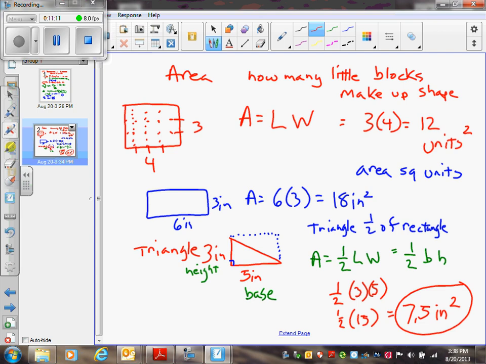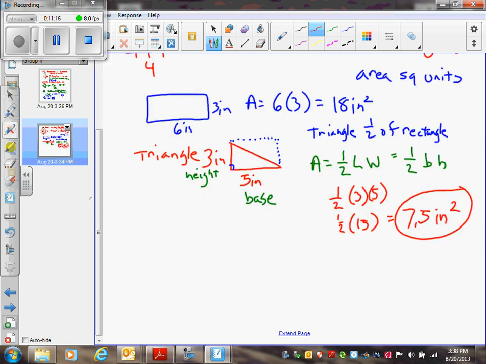We got one more thing to talk about in this lesson. Circles. The area of a circle is pi times the radius squared. Has to be the radius.